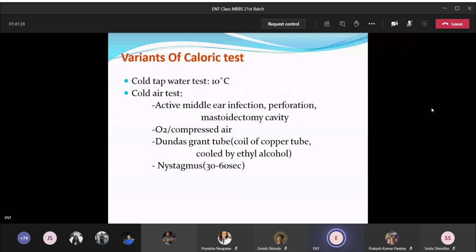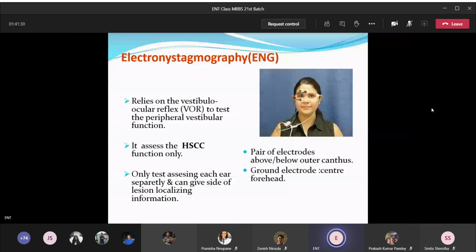Then there is something known as electronystagmography. It relies on the vestibular ocular reflex to test the peripheral vestibular function. But its limitation is that it assesses only the horizontal semicircular canal. It is the only test assessing each ear separately and can give site of lesion localizing information. You can see in the picture a pair of electrodes above as well as below the outer canthus is kept, and then there is a ground electrode at the forehead.